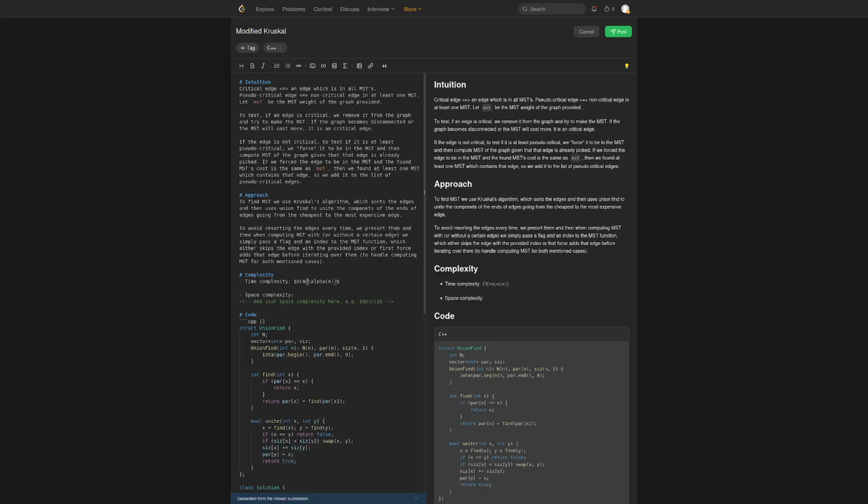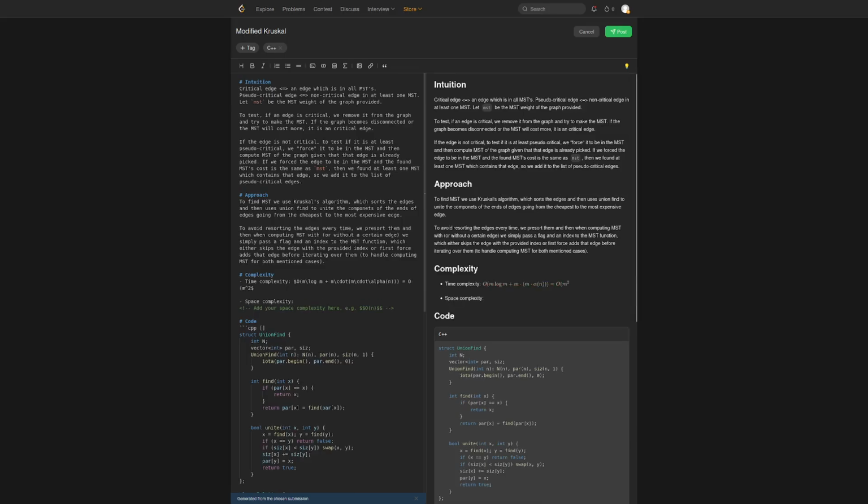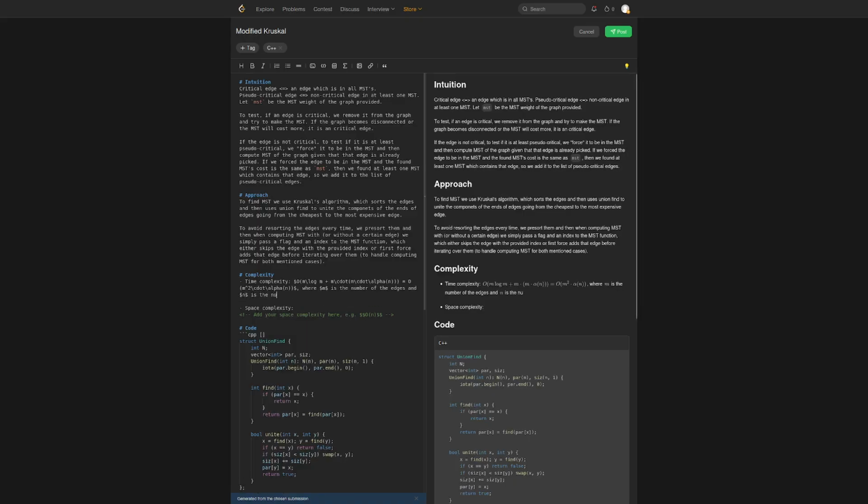It's like m log m plus m times m times alpha m, which is equal to O of m squared times alpha n, where m is the number of the edges, and n is the number of the vertices of the graph.